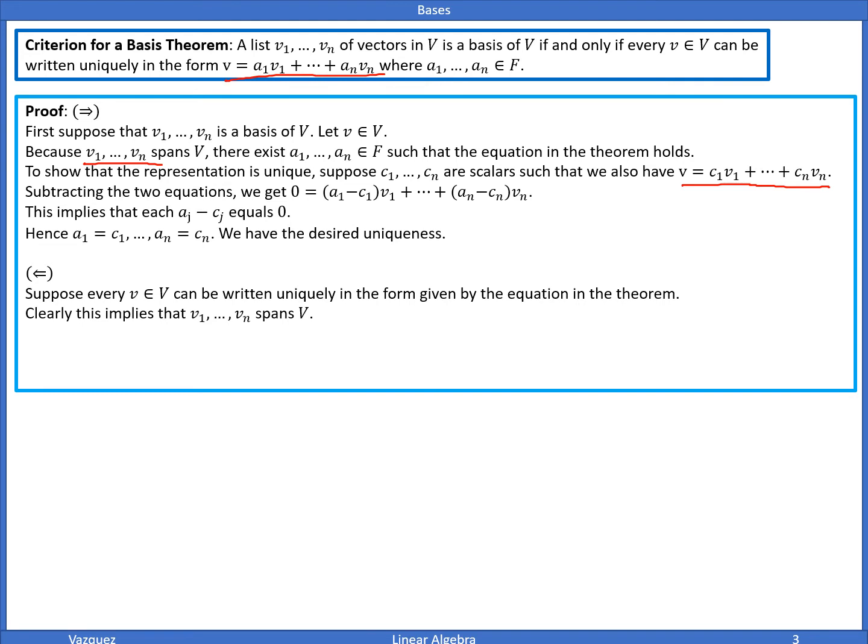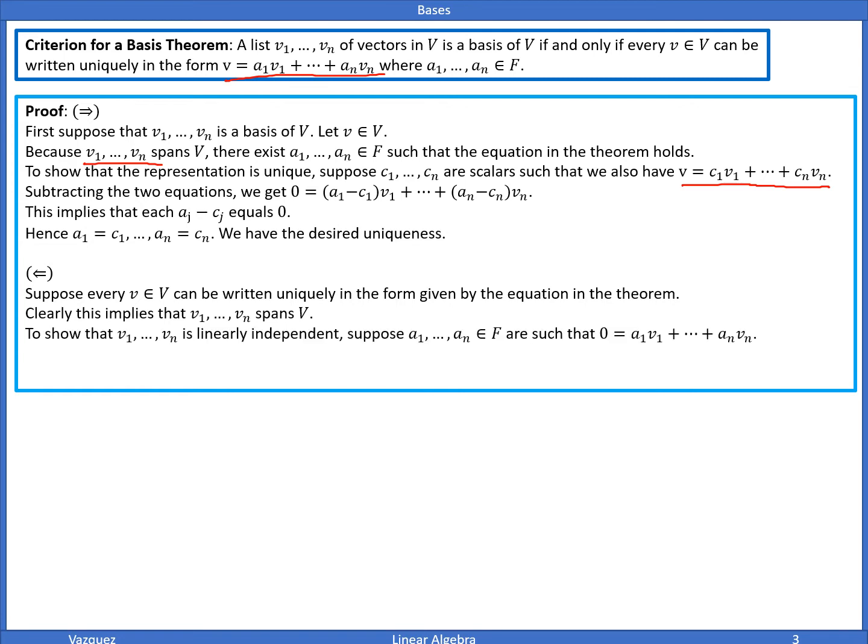Well, if that's the case, then that implies that V1 through Vn spans V, because all the vectors can be written as a linear combination of V1 through Vn. So that's how we get that V1 through Vn spans V.